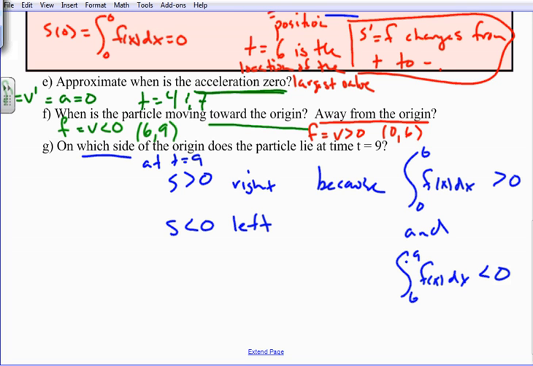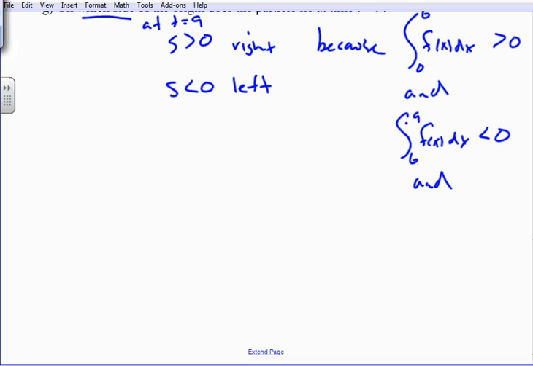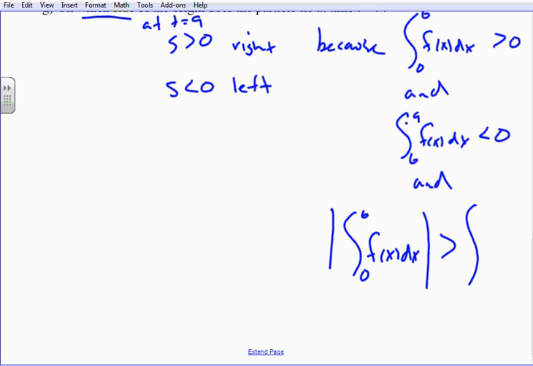And we can also see by looking at this that the absolute value of the integral from 0 to 6, the total area of this, is greater than the integral from 6 to 9 of f of x dx.